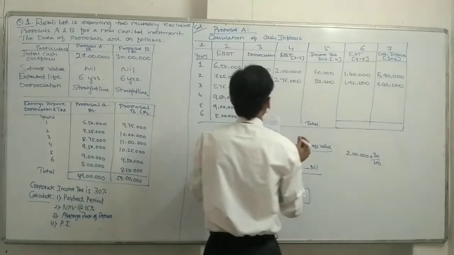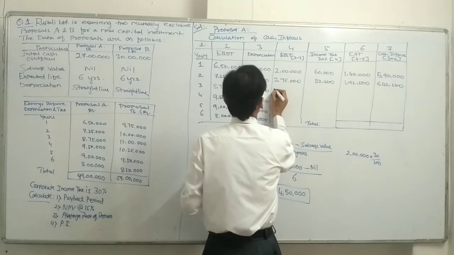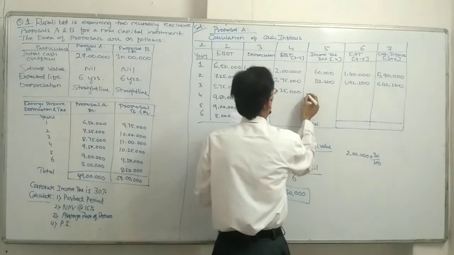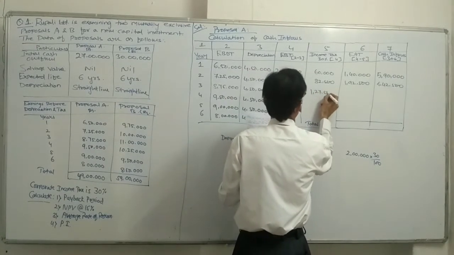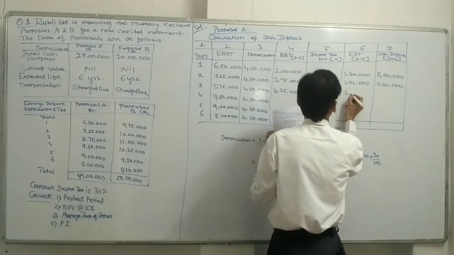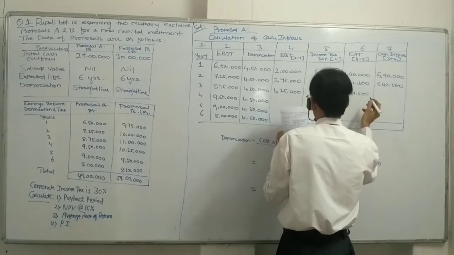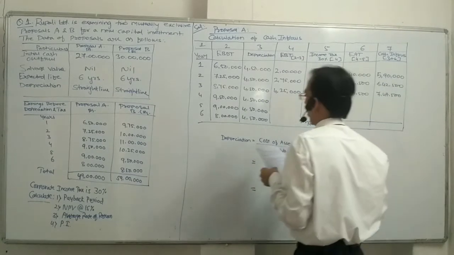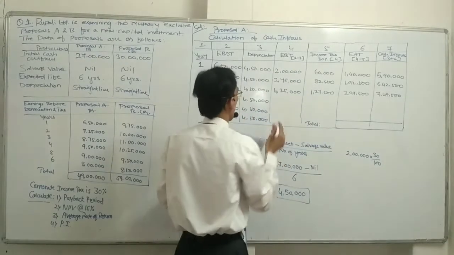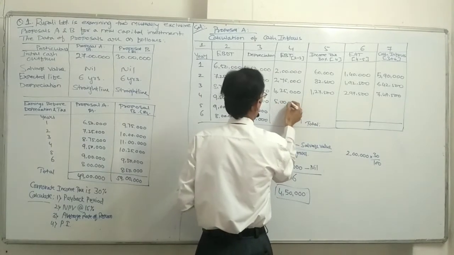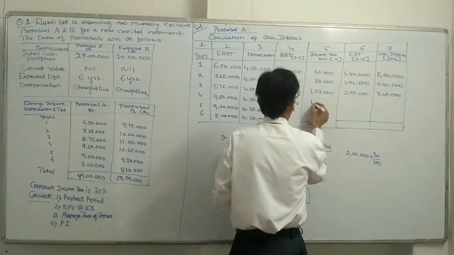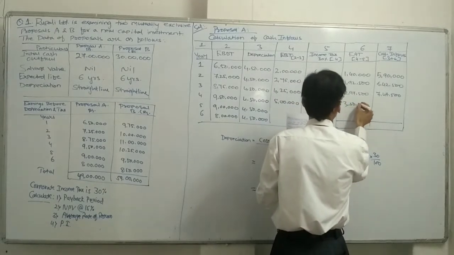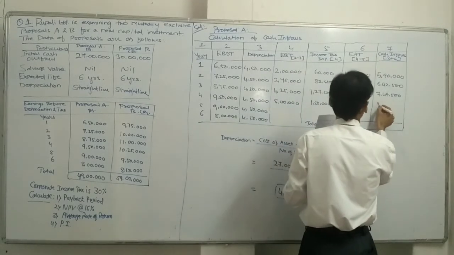Third year, 4,25,000, 1,27,500, 2,97,500, and 7,47,500. For fourth year, it is 5 lakh, 1,50,000, 3,50,000, and 8 lakh.